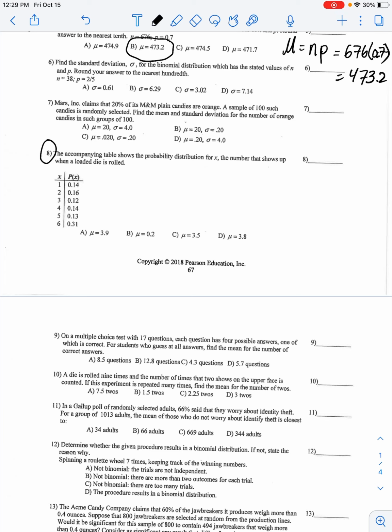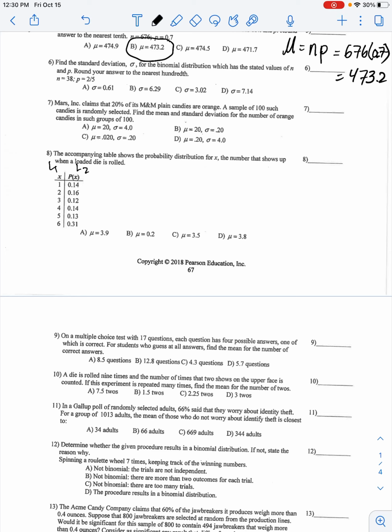So showing 1, showing 2, showing 3, and so forth to showing 6. You want to find mu, the average. Okay, here is how you do it. You're going to put x in L1 and P of x in L2.